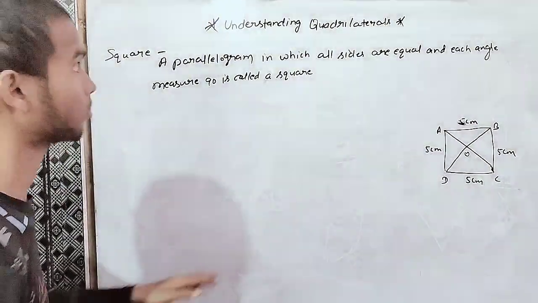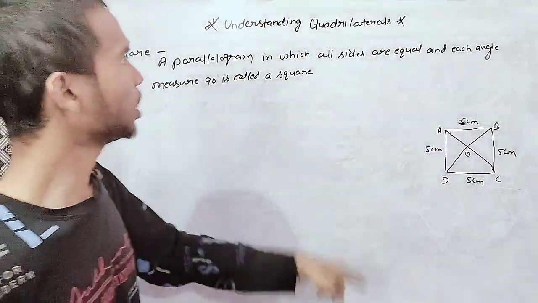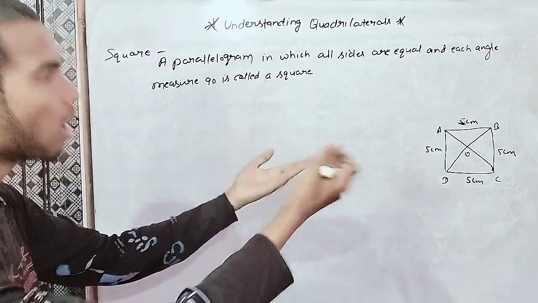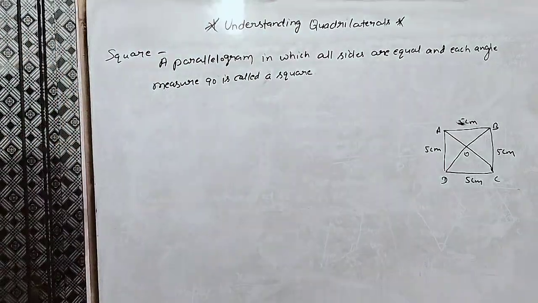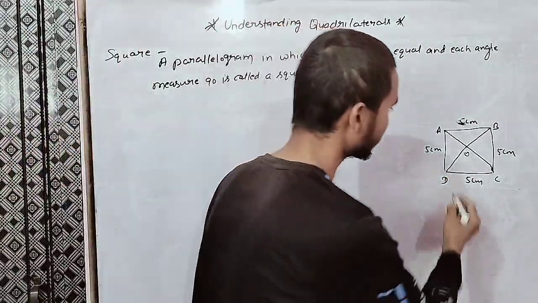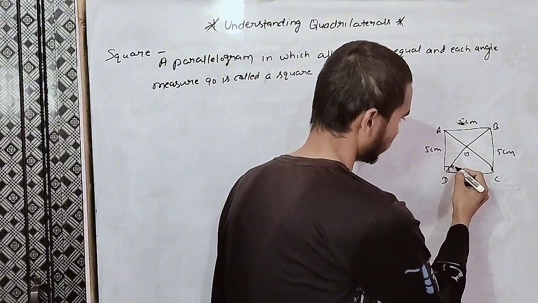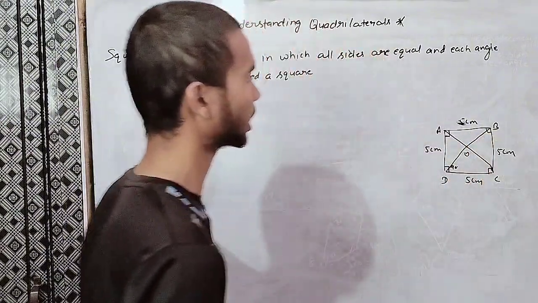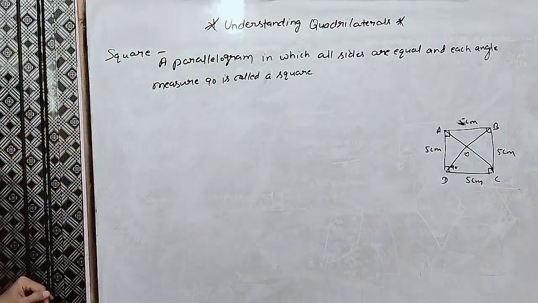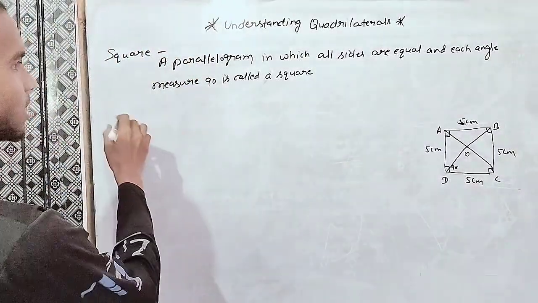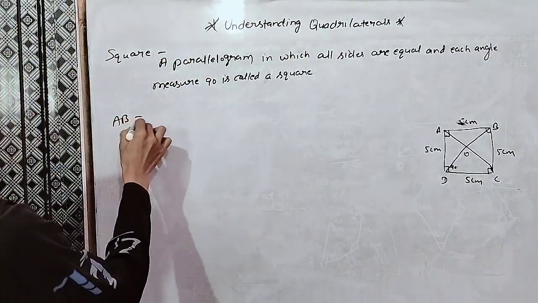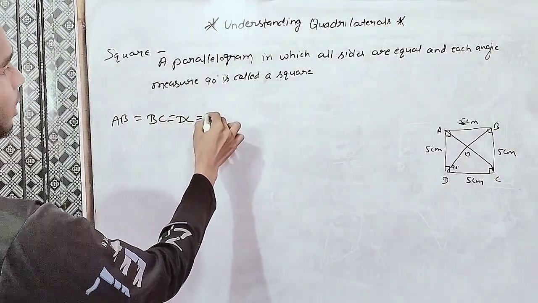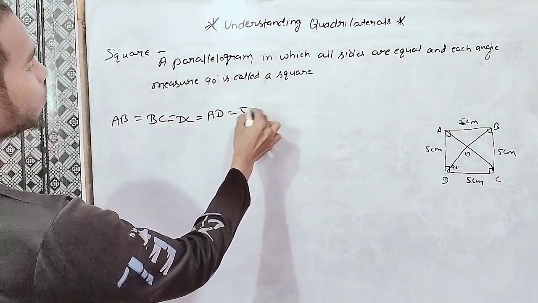Now, it is a parallelogram in which all sides are equal and each angle is equal. Here this makes a right angle. This also makes a right angle, as we saw in the rectangle explanation. Now can we say the value of AB, BC, DC, and AD is equal to 5 centimeters.